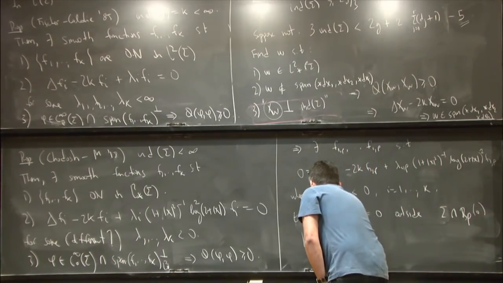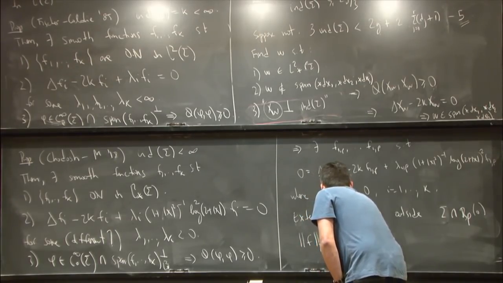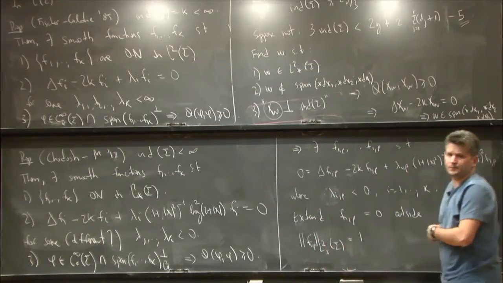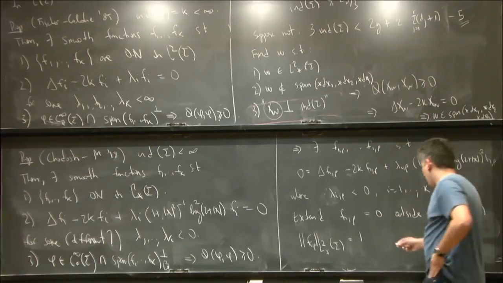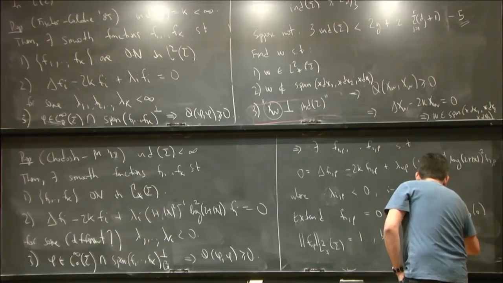Then these guys, they have L2 star norm 1, okay? But they could, in principle, weakly converge to 0.